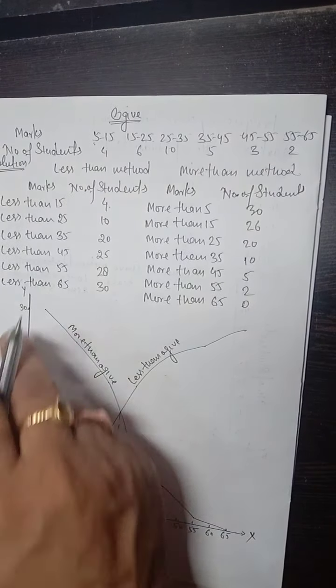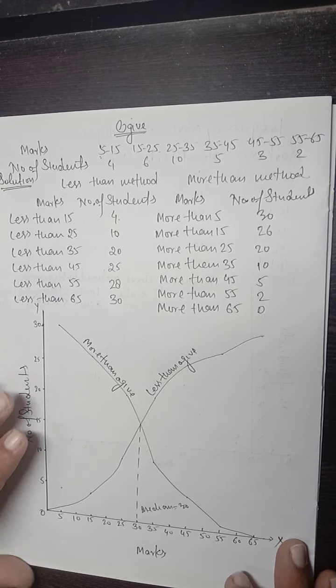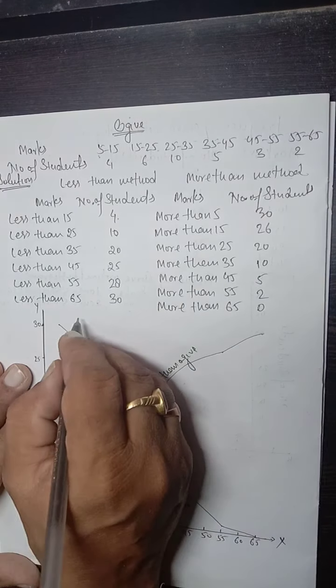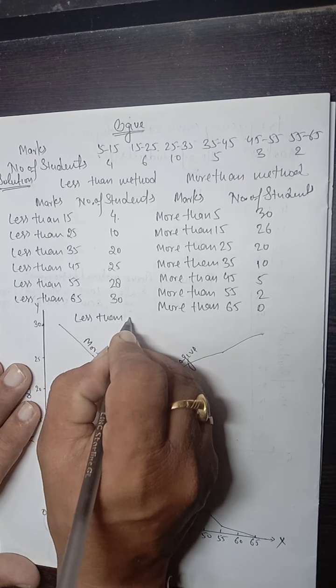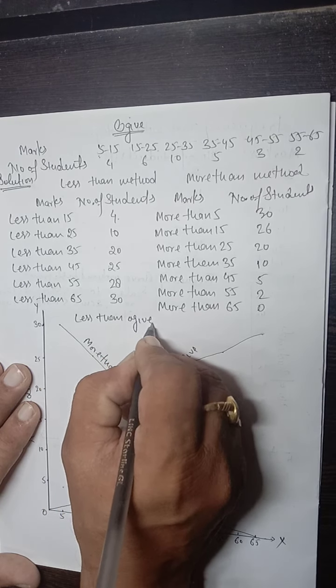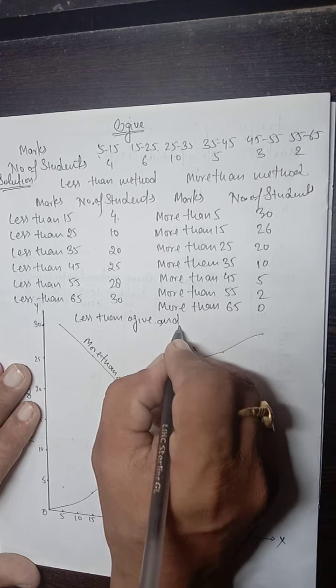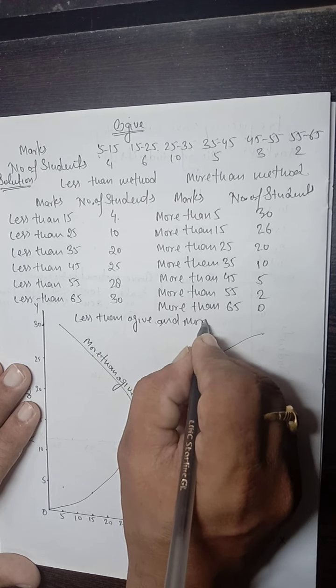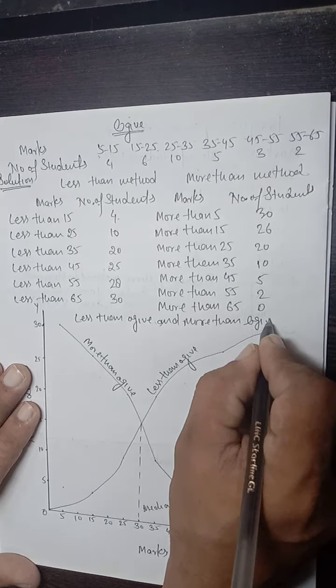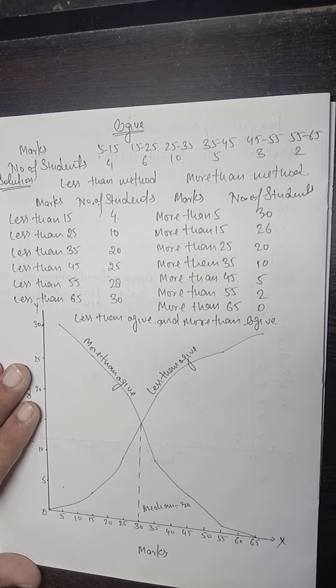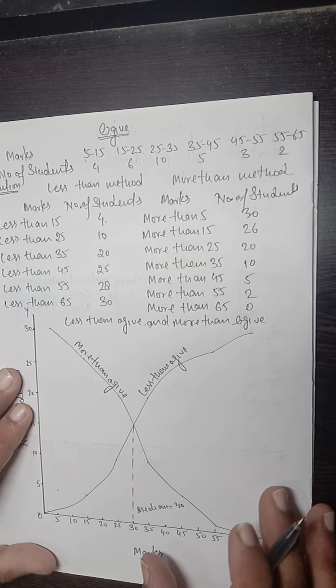X, OY is this side. The topmost heading you have to write here, less than ogive and more than ogive, and the calculation of median we have already done.